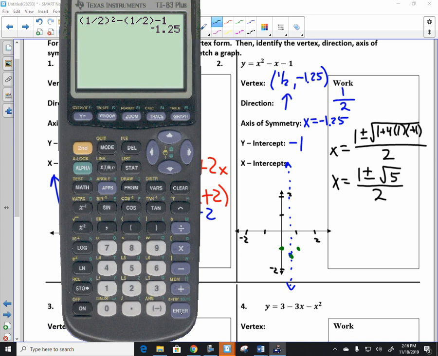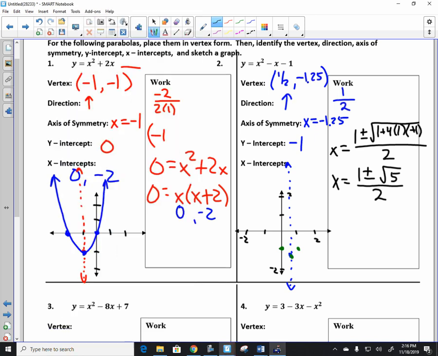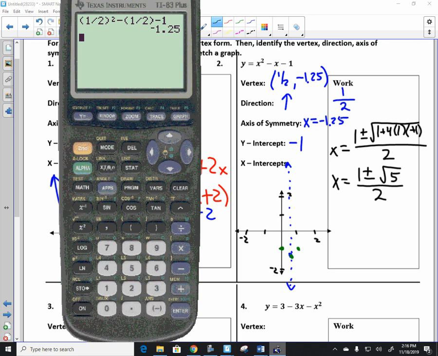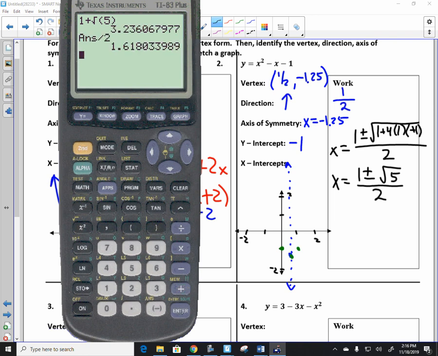Well, shoot. I don't know what 1 plus or minus square root of 5 over 2 is. Got to make it a decimal to see what it is so you can plot it. 1 plus the square root of 5. See what that is and divide it by 2. 1.62. And then we try a different one.